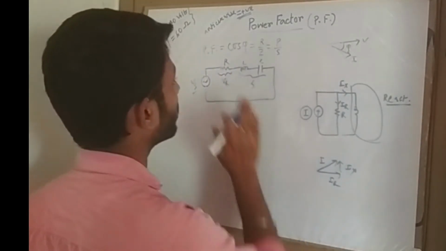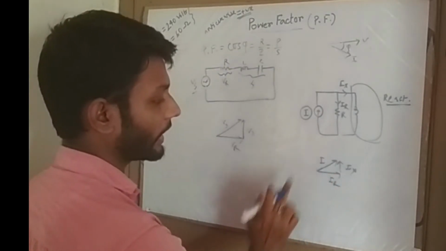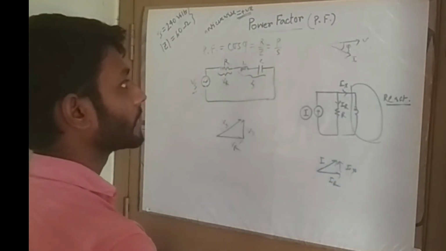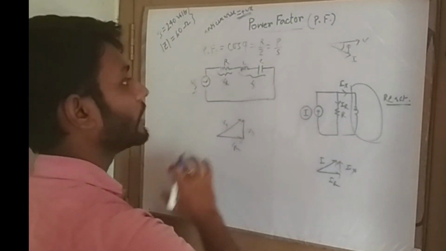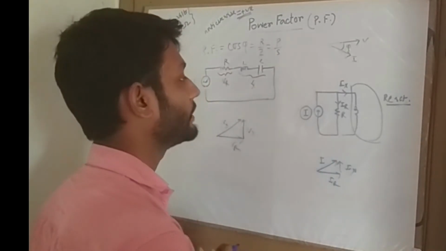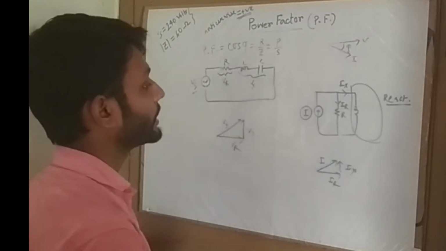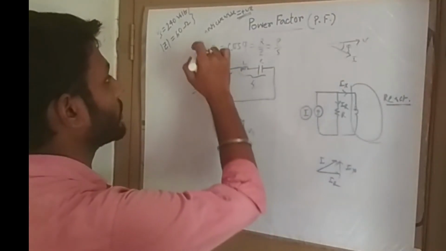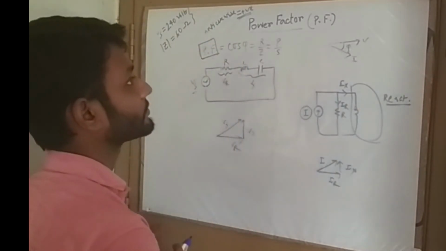From this current triangle also we can find out the power factor, that is IR divided by I. In this way, we can find out the power factor from different aspects, different types of circuit, different types of network. In this way, we can use all these shortcut methods to find out this power factor value.